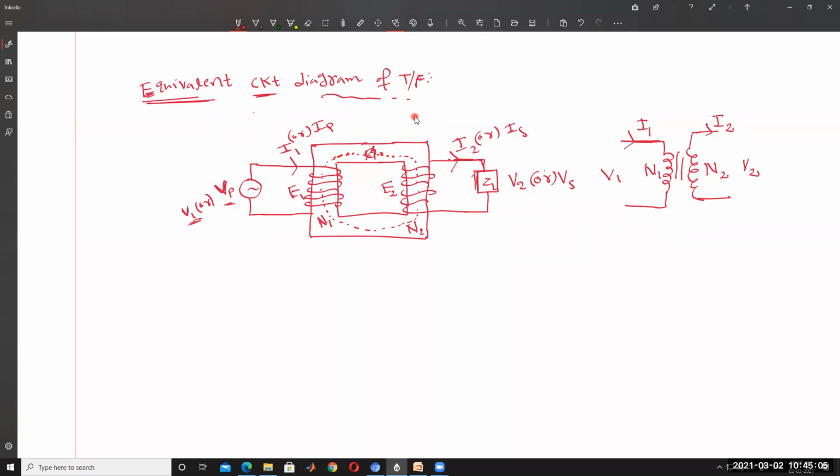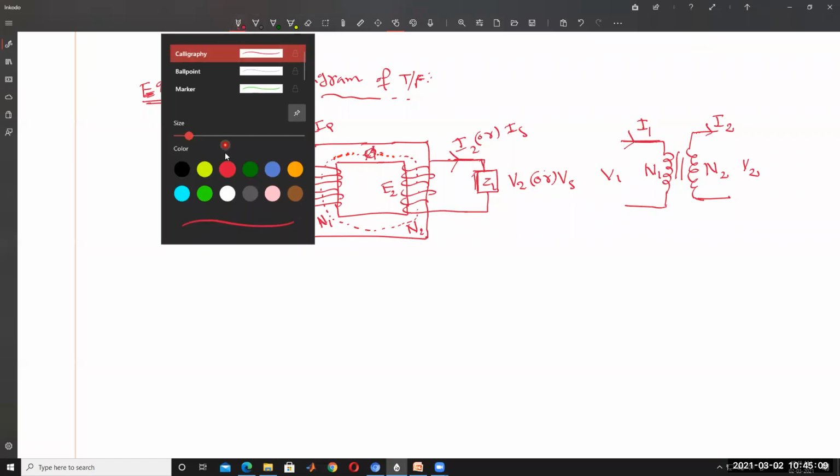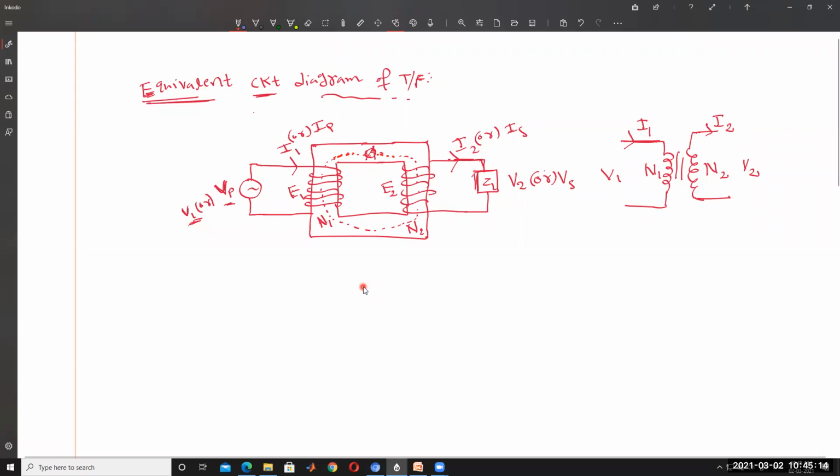Some amount of flux is linking into the air, and that flux is represented as leakage flux. There is a primary side also. Some amount of flux links into the air, and the maximum amount of flux links through the secondary winding.